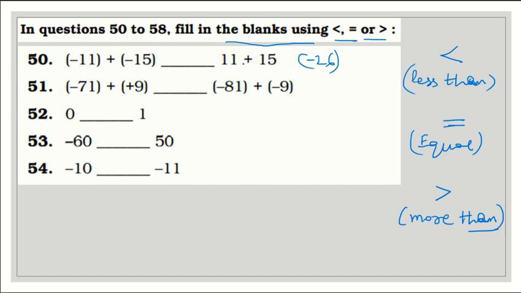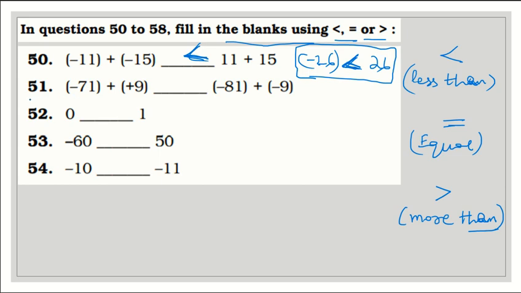And 11 and 15, their sum is positive 26, and amongst them 26 is more. So I will place the right symbol: minus 26 less than plus 26. So the right symbol is this one. Be careful, do it separately and analyze it and fill with the appropriate symbol or sign.